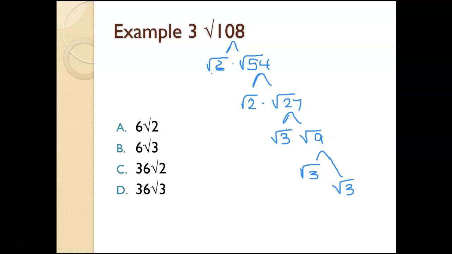So there's my factor tree. Circle all the duplicates. So I have 2 twos and 2 threes and then a single 3 left behind.